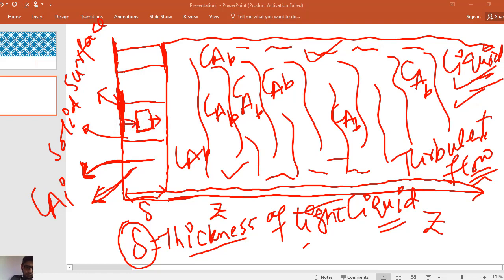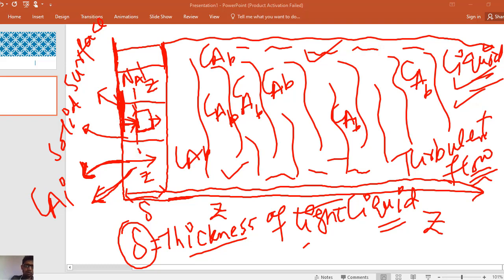Now the flux of component A at the z position is NAz.